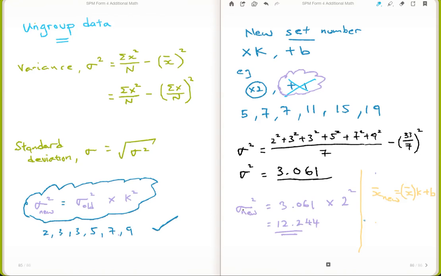So for this set of data, the new mean will be the old one, which is 33 by 7, times k, which is 2, the factor that's multiplied, plus the number that I add in. That would be 10.43.